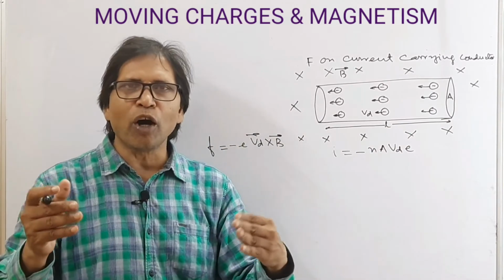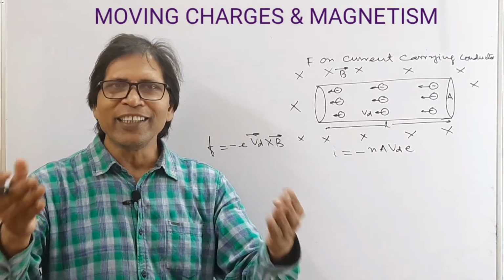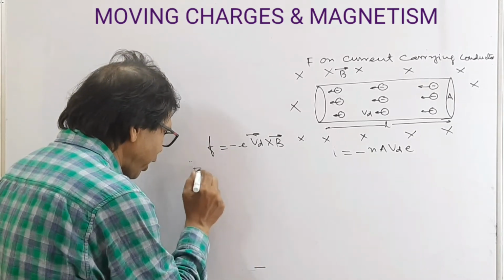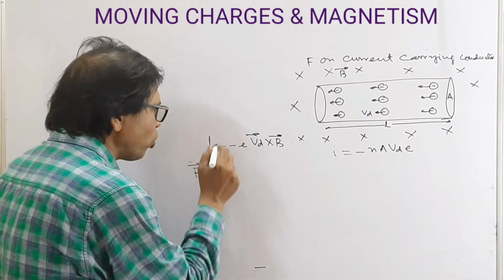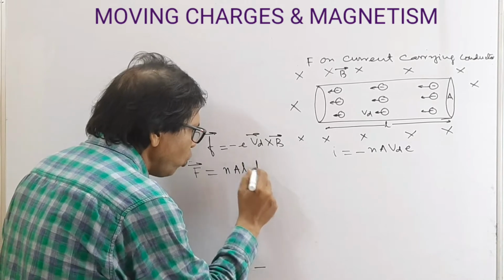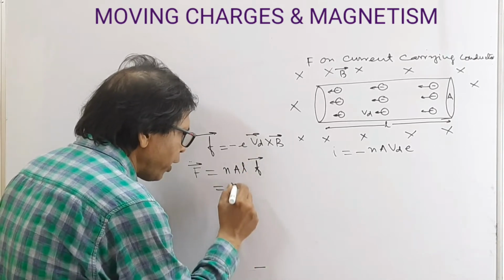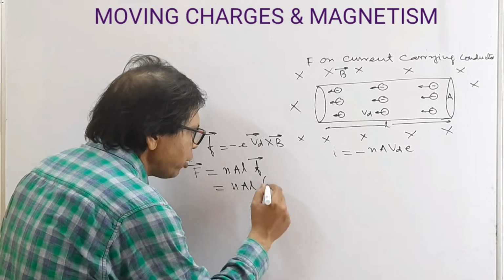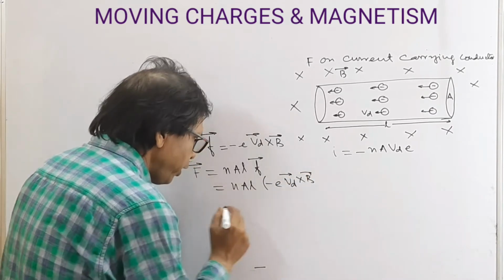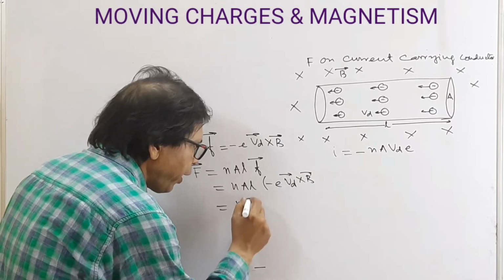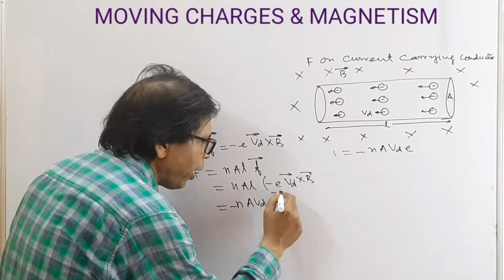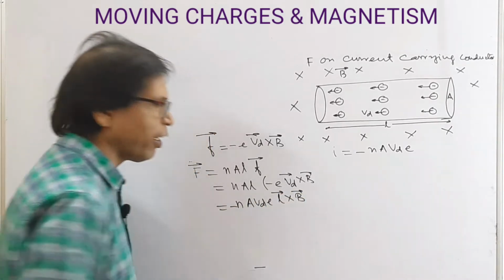So the total force of all electrons is equal to the force on the conductor. So the force on the conductor F vector equals n A L into the force on each electron, which is minus e Vd cross B. Here n A Vd e with the negative sign, this is the L vector cross B vector.